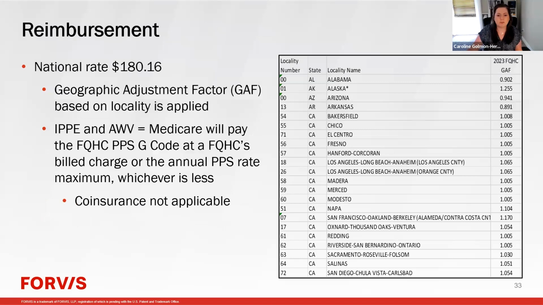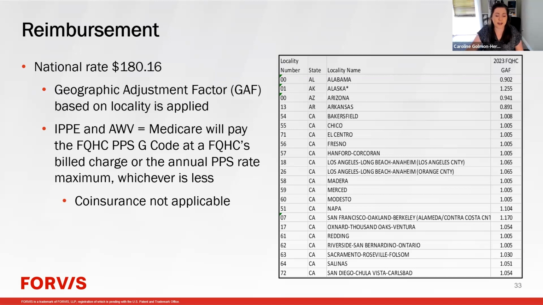Did it change? Yes, it did. Okay. So payment for an FQHC PPS claim is made by comparing the adjusted FQHC PPS rate to the total submitted covered charges reported for the specific payment code. So those G0466, G0467 codes.